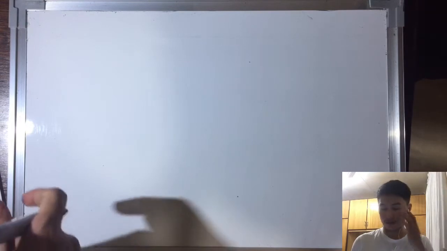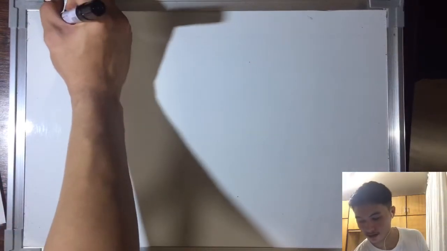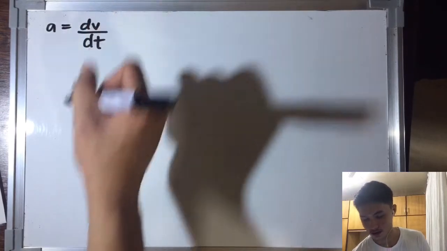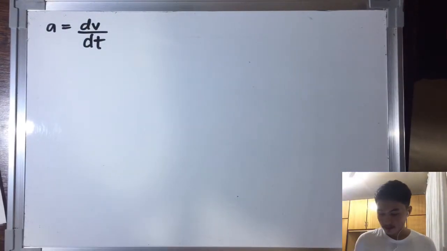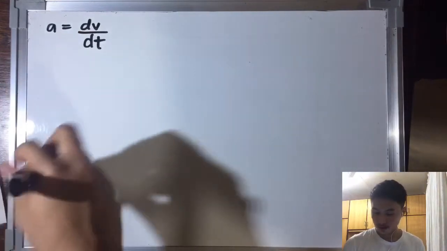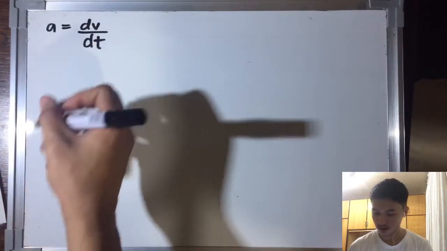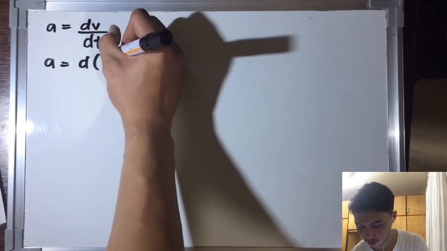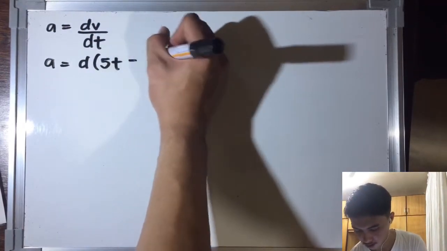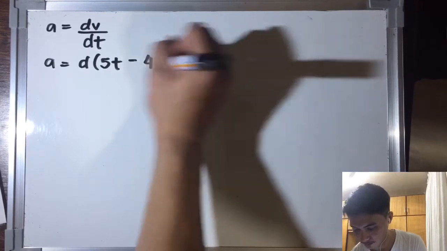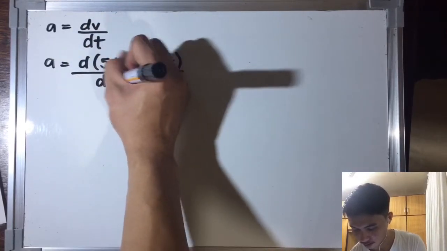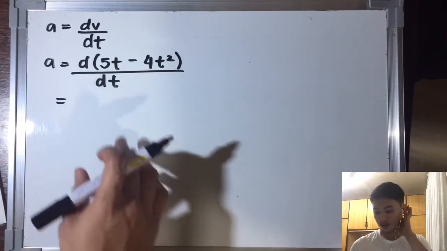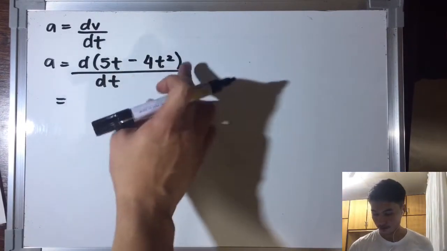So the next thing that we are going to do is solve for the acceleration. Again, our formula for acceleration is a is equal to dv over dt. The value of velocity is given, so substitute that value: velocity is 5t minus 4t squared, dt. In this problem, we are just going to differentiate this equation.